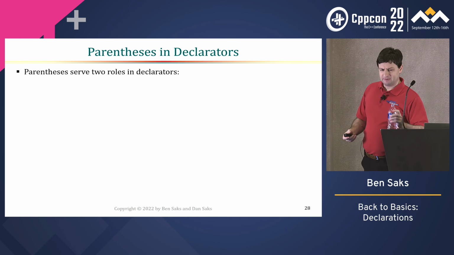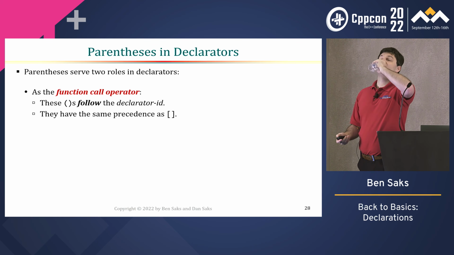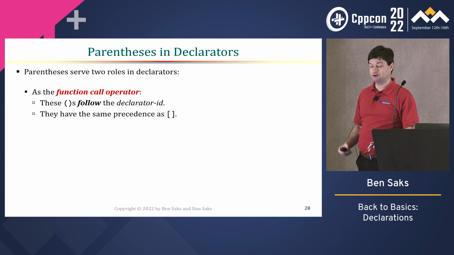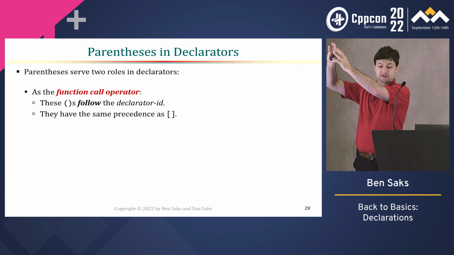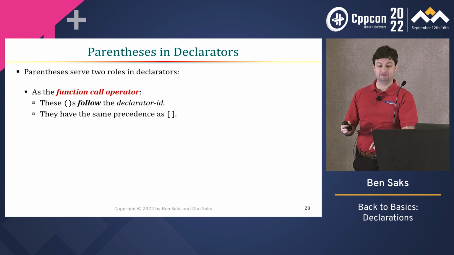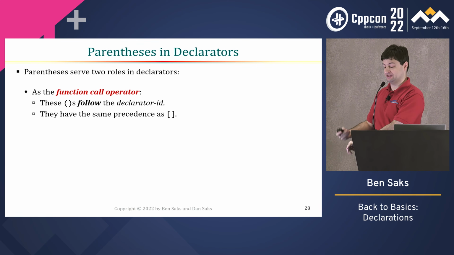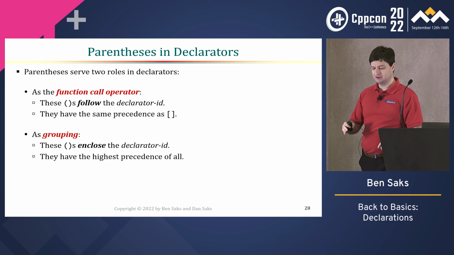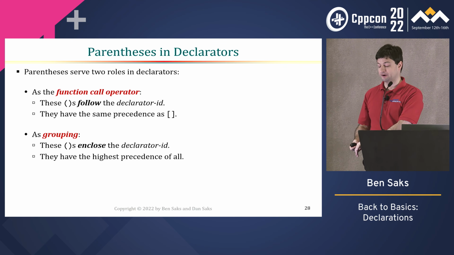Now, parentheses, as I mentioned, can play two roles here. There's the function call operator, and these follow the declarator ID. When I'm declaring a function, the parentheses occur after the name being declared. They don't contain it. And in that case, they have the same precedence as the square brackets. Grouping parentheses enclose the name being declared.